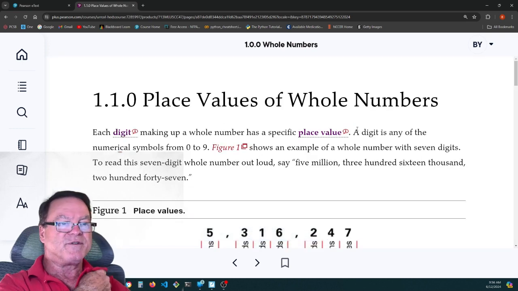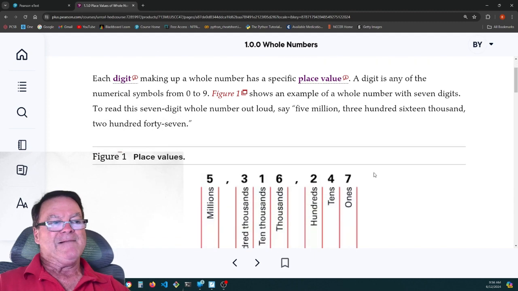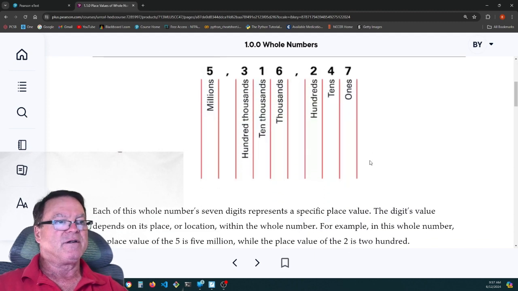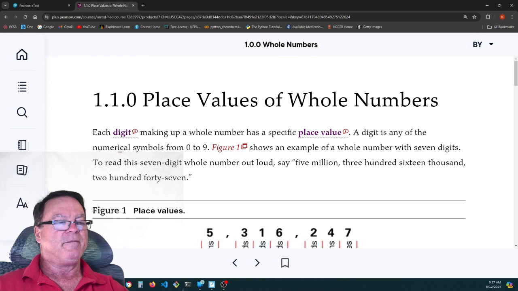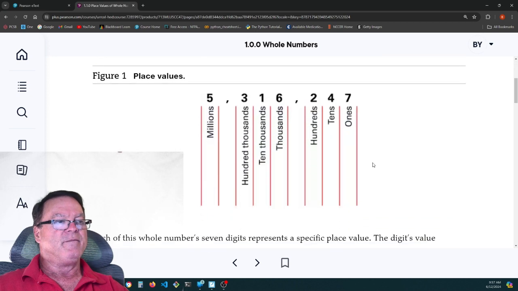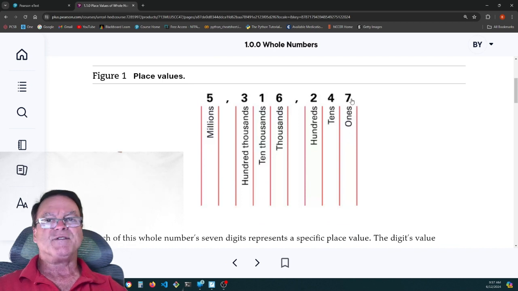Place values of whole numbers. We've all been counting for a long time, but we may not realize that the furthest right digit is the ones digit. It represents how many ones there are. There are 7 ones in this number, 5,316,247. There are 4 tens, which makes it 40.